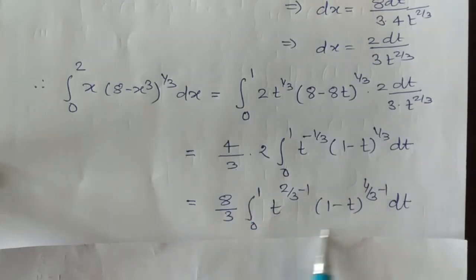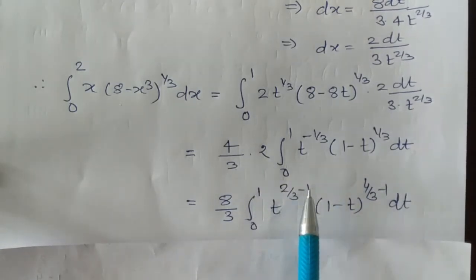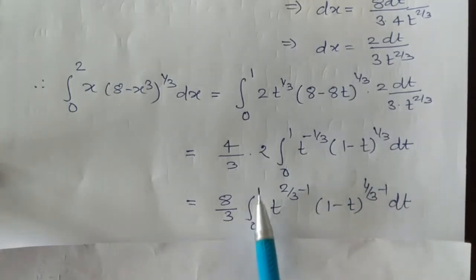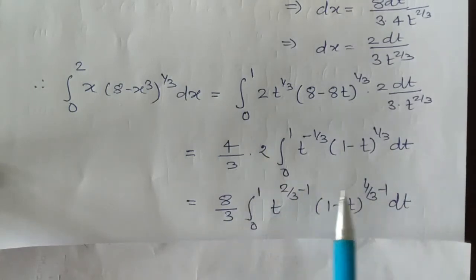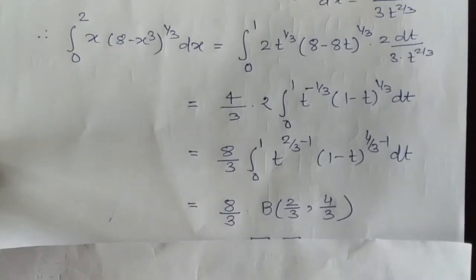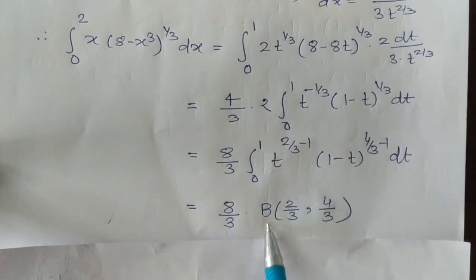So this integral is of the form integral from 0 to 1 of x power (m minus 1) into (1 minus x) power (n minus 1) dx, which is beta(m, n). Here m is 2/3 and n is 4/3. So using the definition of the beta function, we get 8 by 3 into beta(2/3, 4/3).